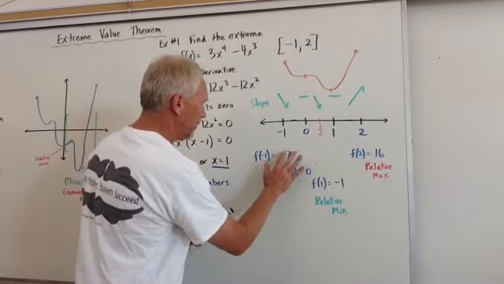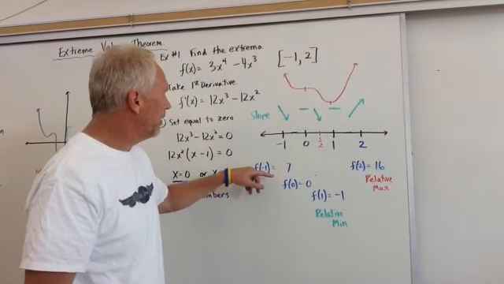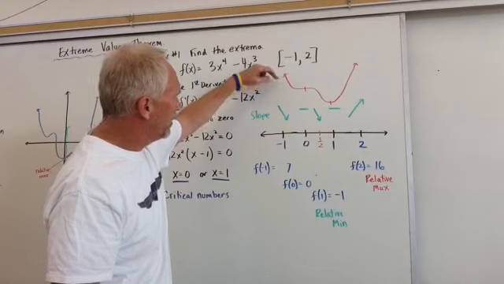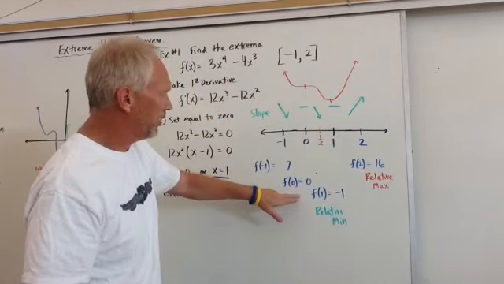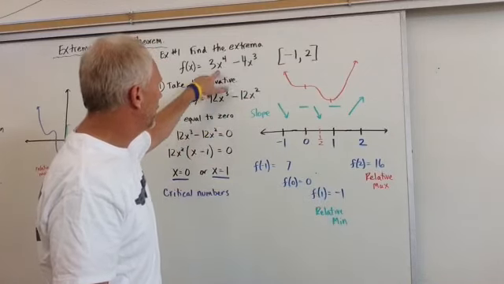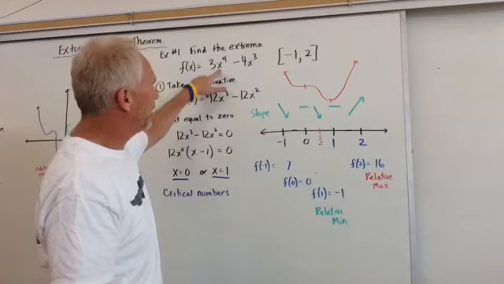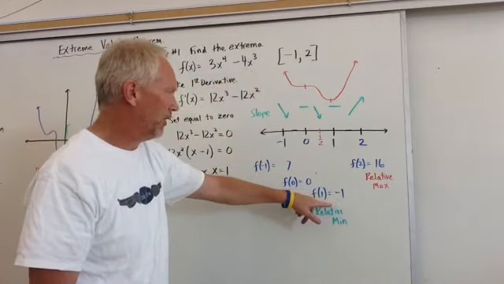So this is a positive 7. And then, so we're up here somewhere. And then I'm coming down to 0. If I plug in 0, f of 0 is 0. F of 1, well, now if I go f of 1, that's going to stay positive -4. So that gives me -1 as a y value.